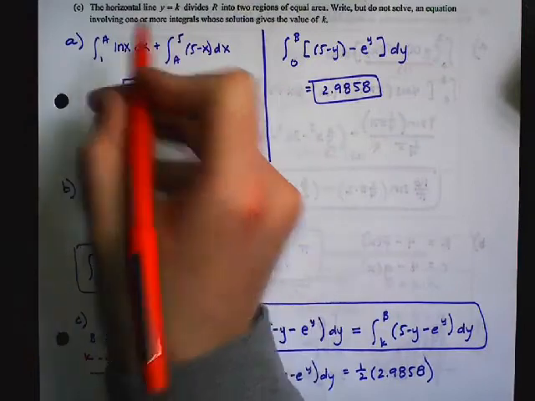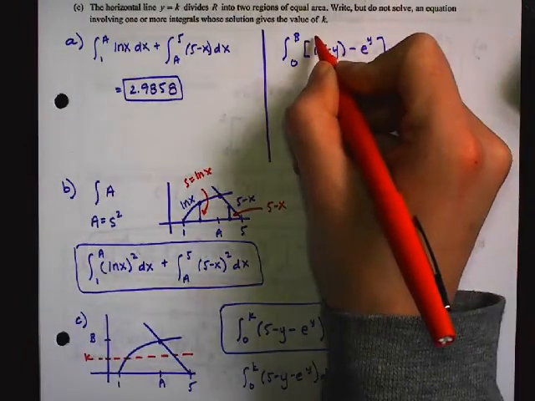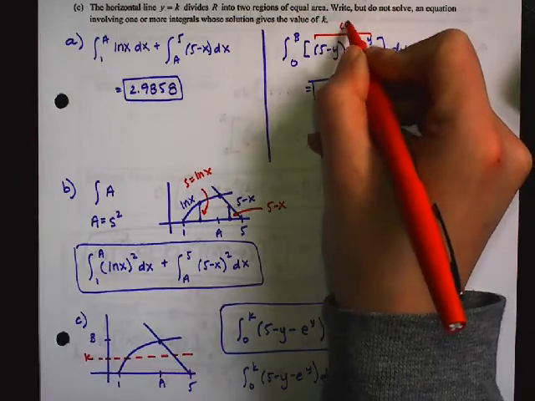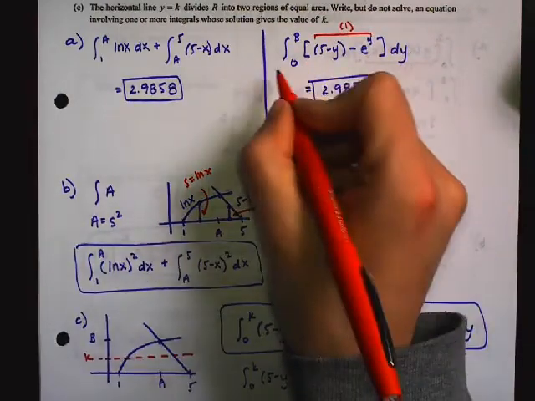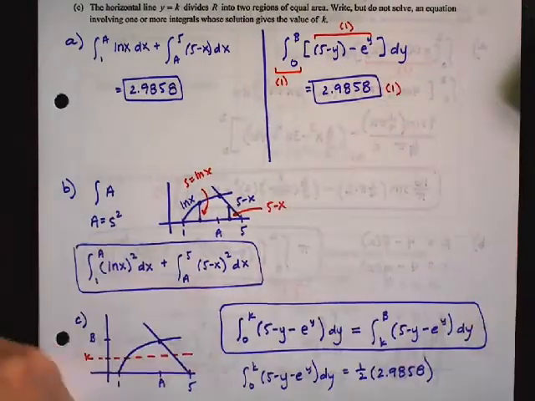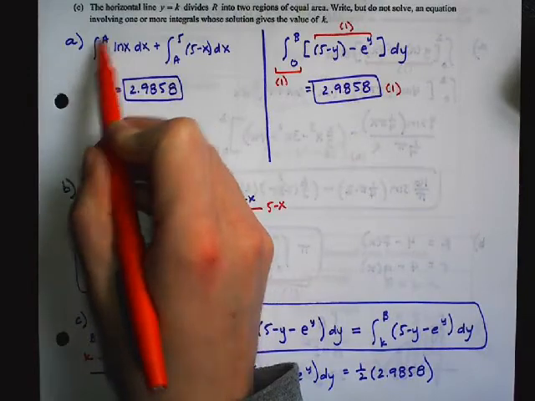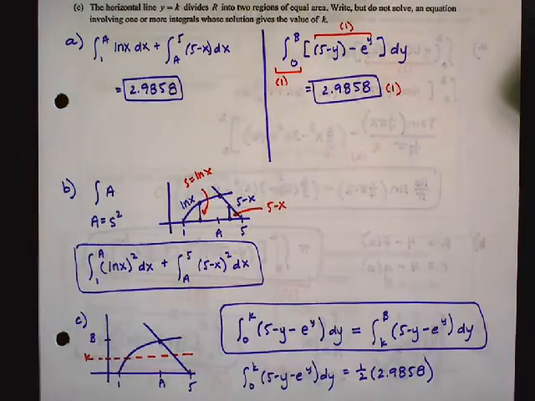So this piece here and this piece here would be 1 point. I'm going to look at this one, it's a little easier. So you get 1 point for your integrand, you get 1 point for your limits, and you get 1 point for your answer. And the same thing would go here, but now your integrand just has pieces. Your limits would be these, and then your answer would be 1 point.